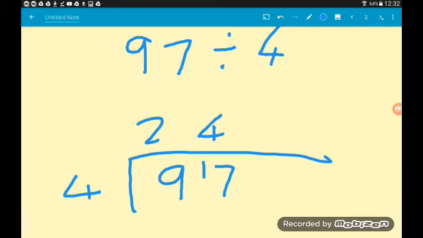So now we've got a remainder of 1. Seemingly nowhere to put it, except we do. We make ourselves a little 0.0 on the bottom. We can now carry our 1 over to the 0. How many 4's are in 10? There are 2, which is 8.